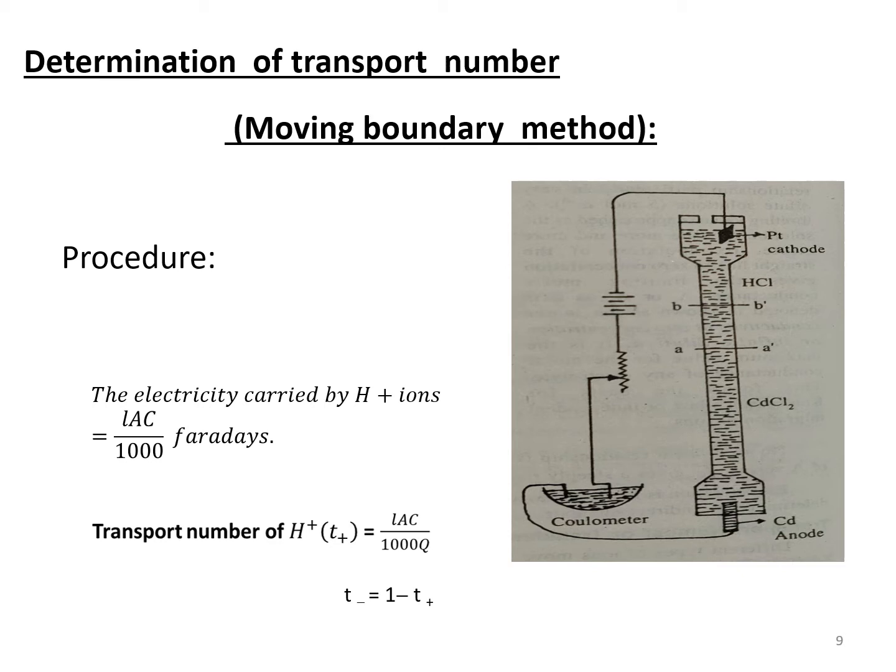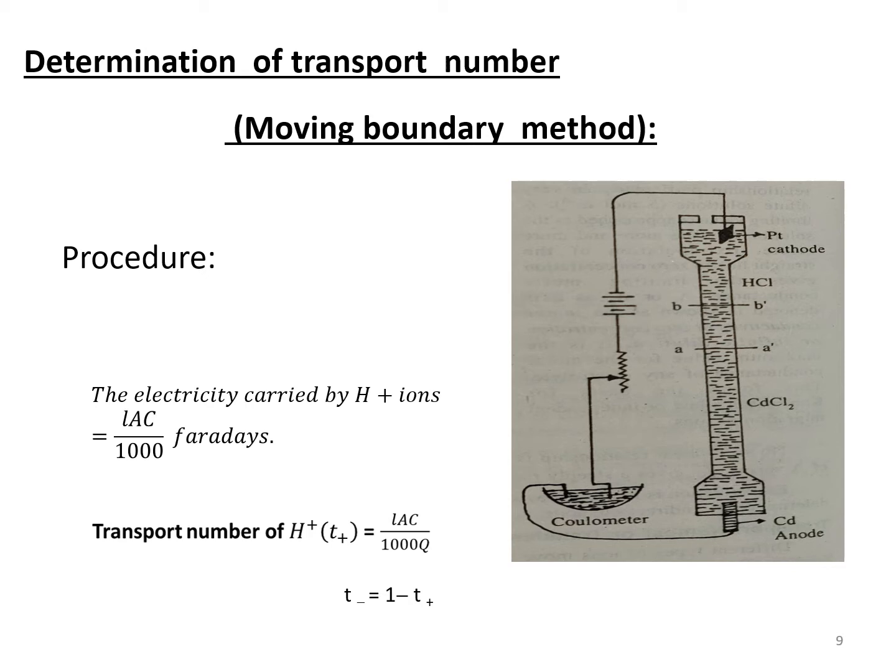Coming to the procedure, in order to determine the transport number of a cation like H plus, hydrochloric acid, HCl, is taken as the principal electrolyte. Here you can see in the diagram HCl, the principal electrolyte, and cadmium chloride, which we have taken in the lower portion, chosen as the indicator electrolyte.